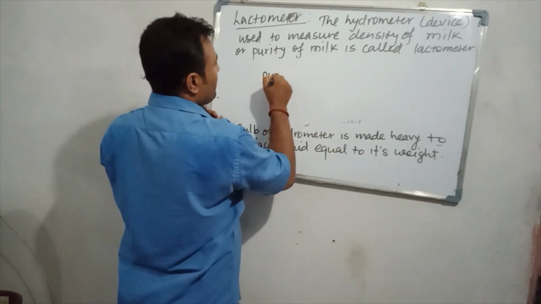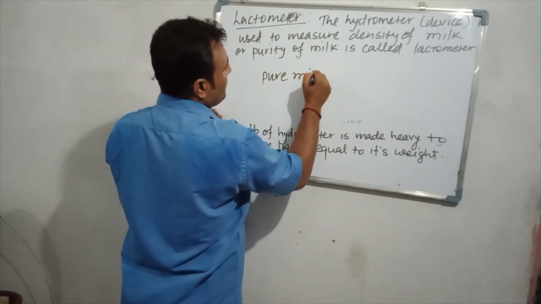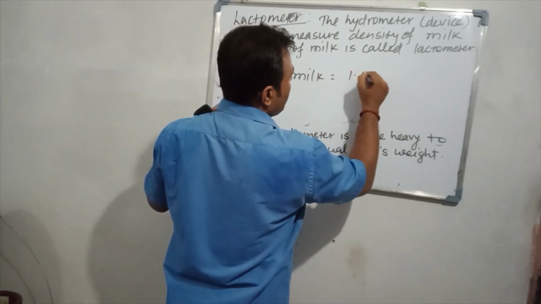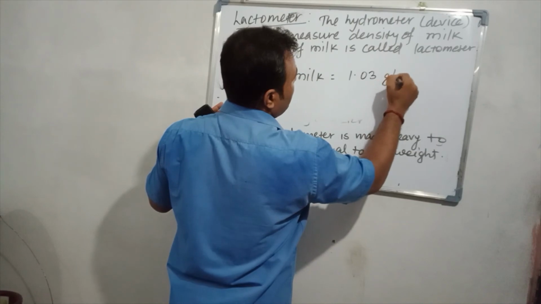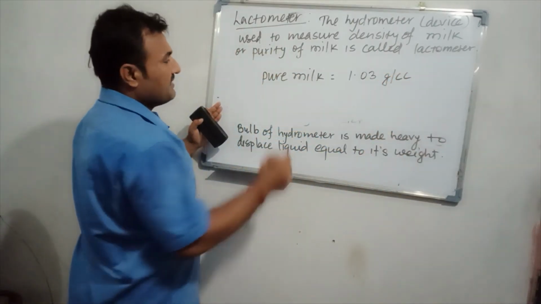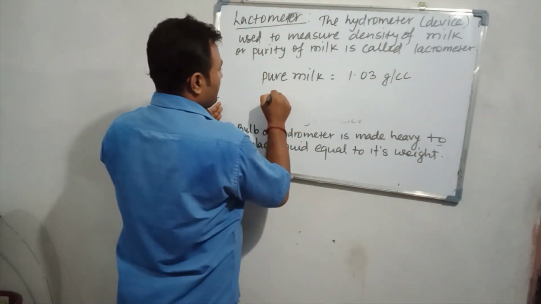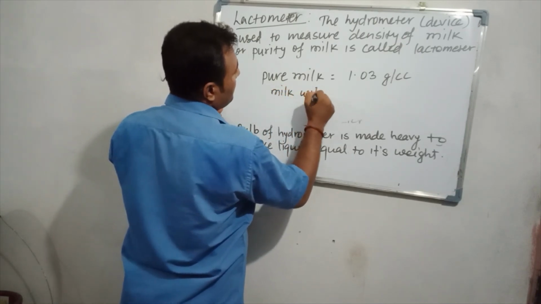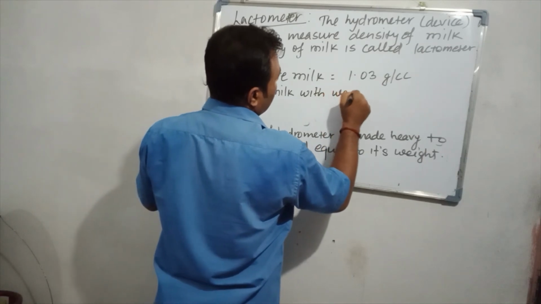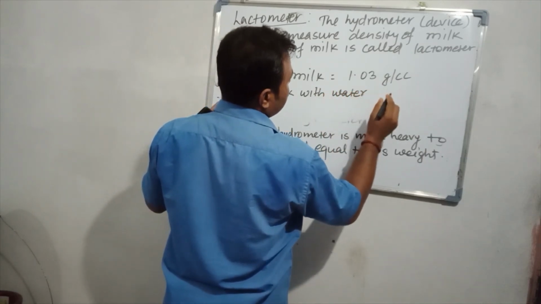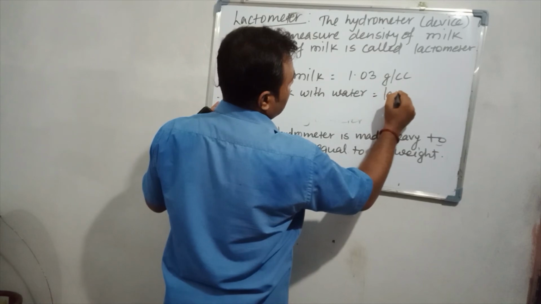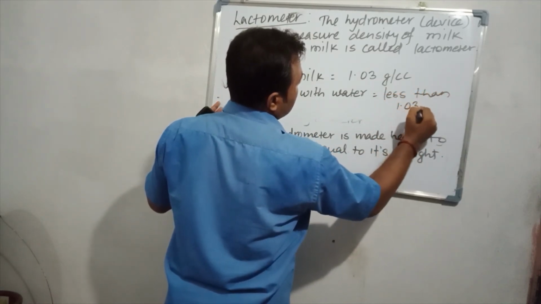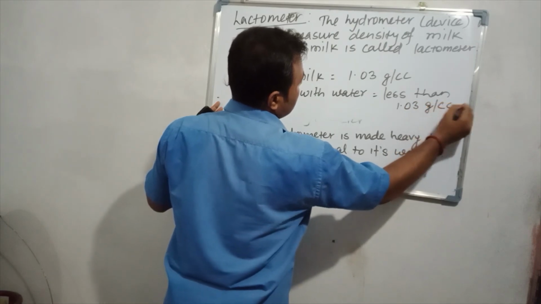In the case of pure milk, it gives a density measurement of 1.03 gram per cubic centimeter. When milk is mixed with water, it gives less than 1.03 gram per cc, less density.